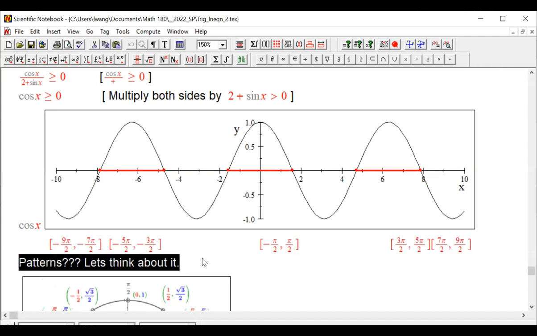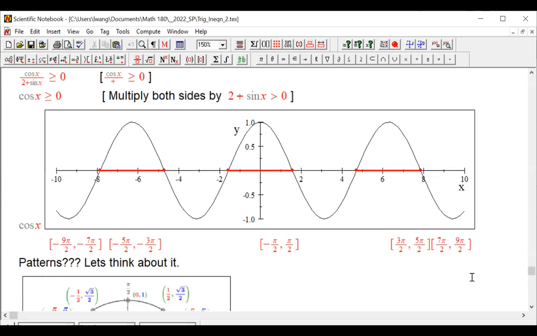So let us think about that pattern that we can find. The solution to this question will be in the middle here and on the right side, and we can keep going. The next one will be 7pi/2, 9pi/2.